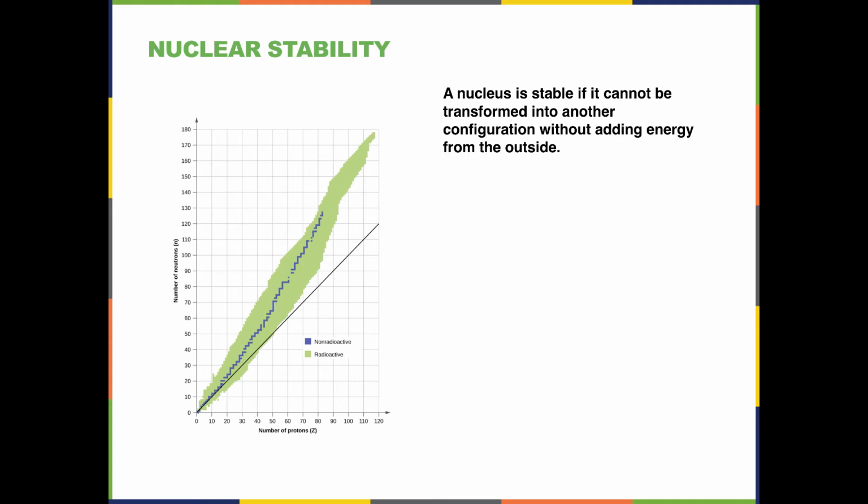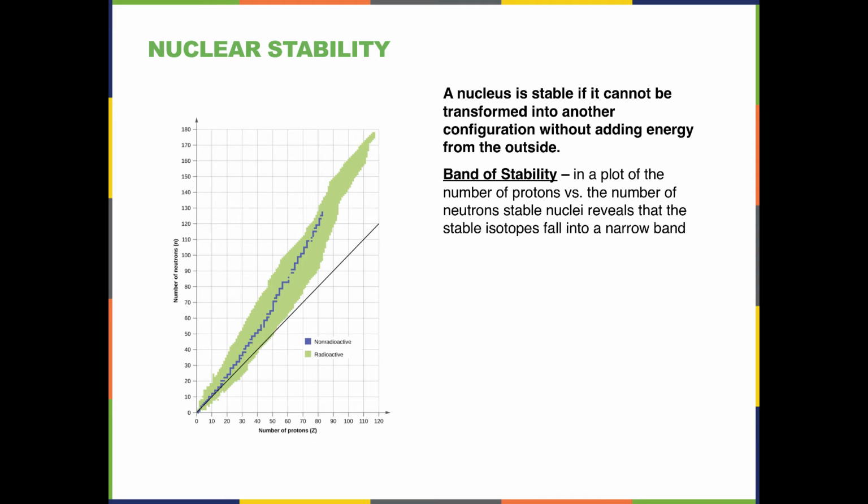Now, this graph plots the number of protons on the x-axis and the number of neutrons on the y-axis. And the black straight line represents unity, that is 10 neutrons and 10 protons, 20 neutrons and 20 protons, and so forth. So the slope of the black line is 1.